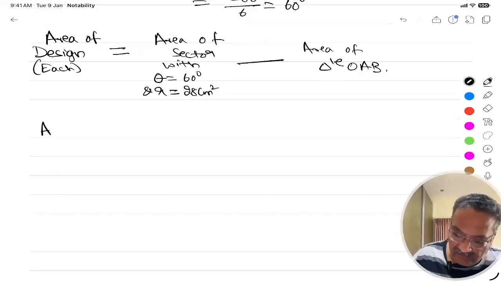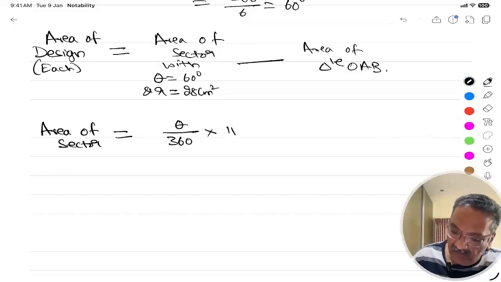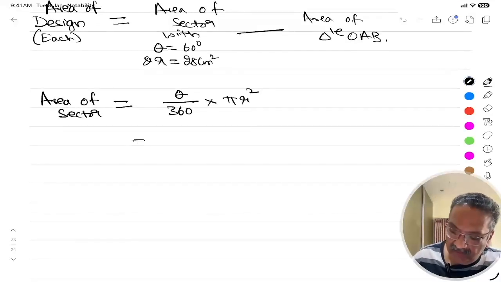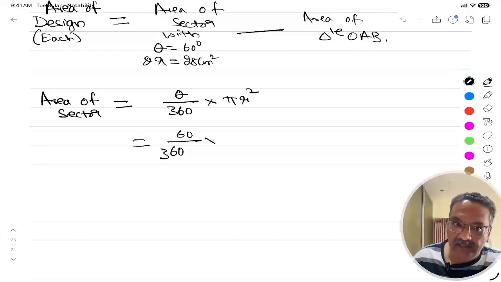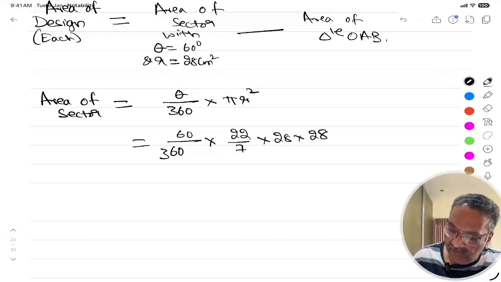Now, what is the area of a sector? Area of sector is nothing but theta by 360 into pi r square. So here theta is 60, so 60 by 360 into 22 by 7, which is pi, into r square, 28 into 28.